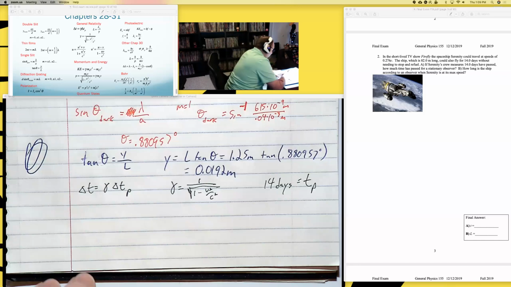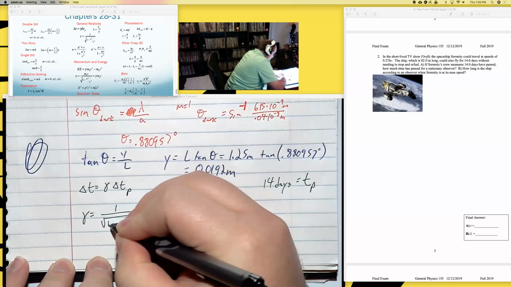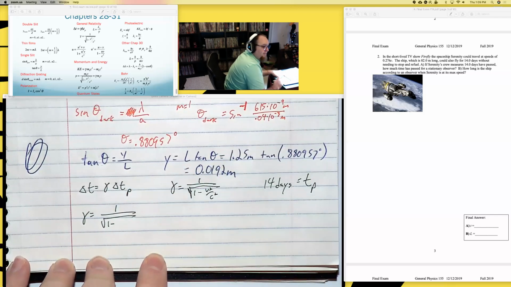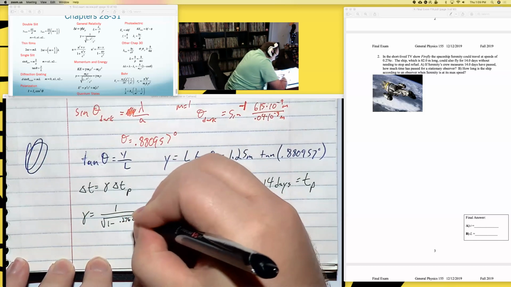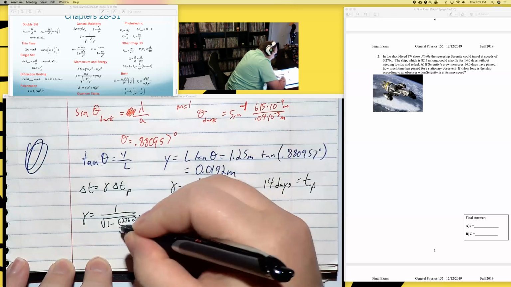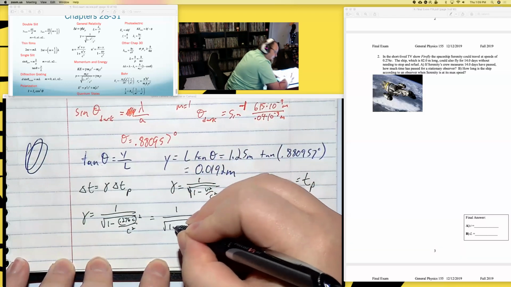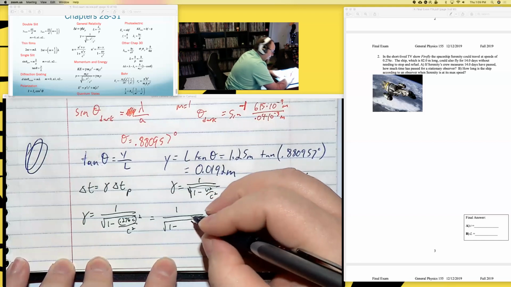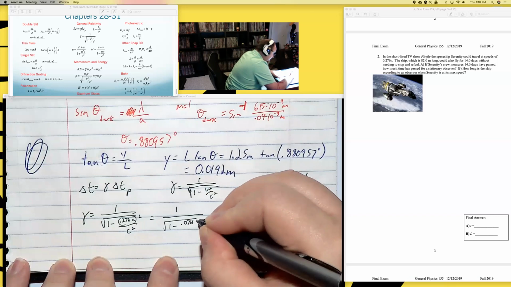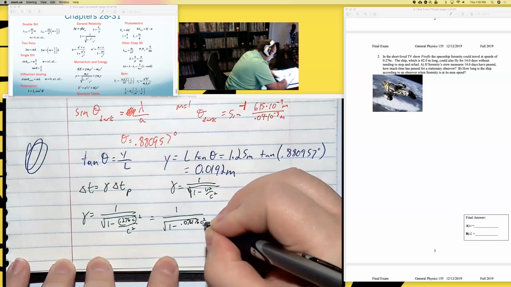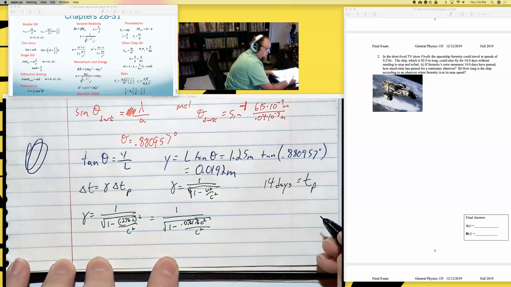Let's just solve for gamma, just because I can. So V is 0.276C, and that's going to get squared over C squared. That becomes 1 minus 0.276 squared, which is 0.076176 C squared over C squared. This allows my C squareds to cancel.